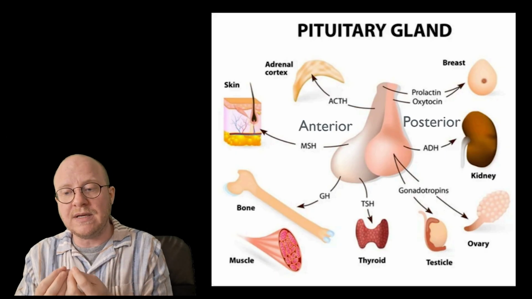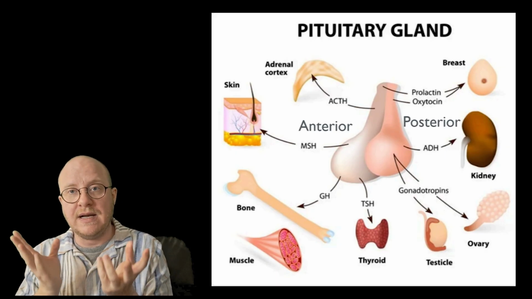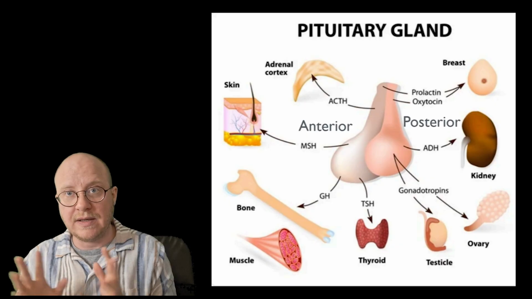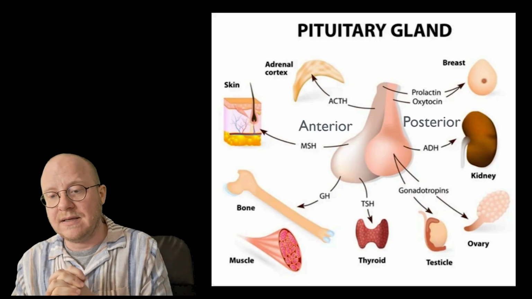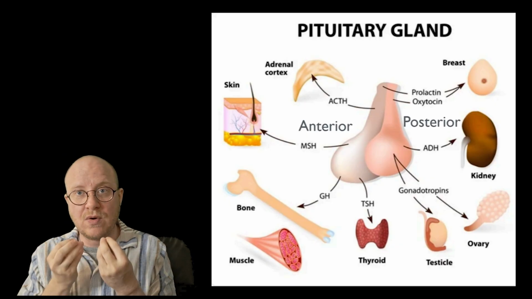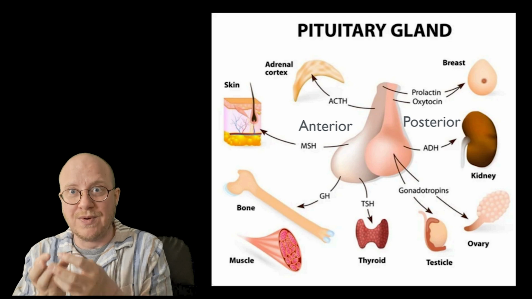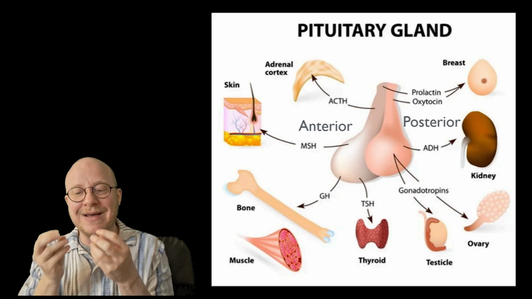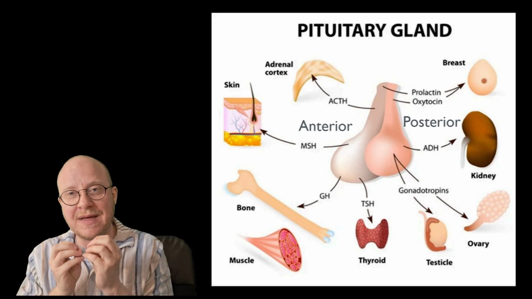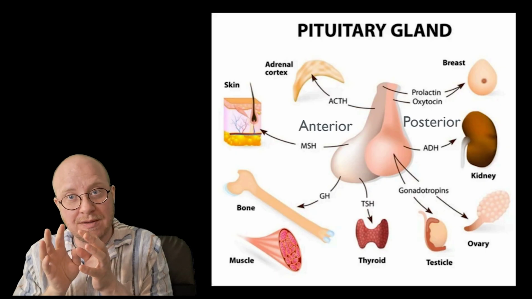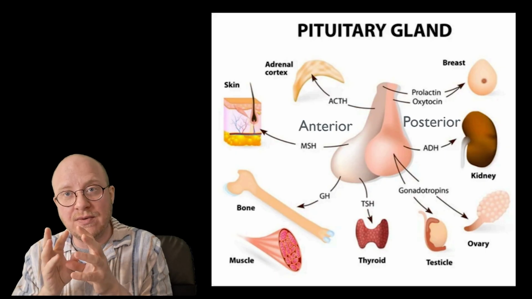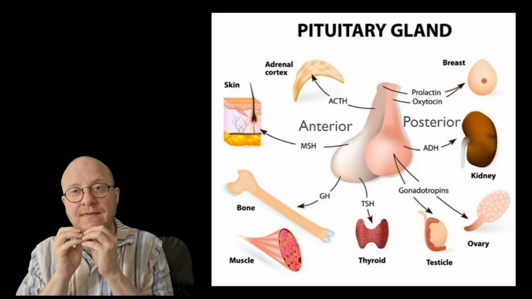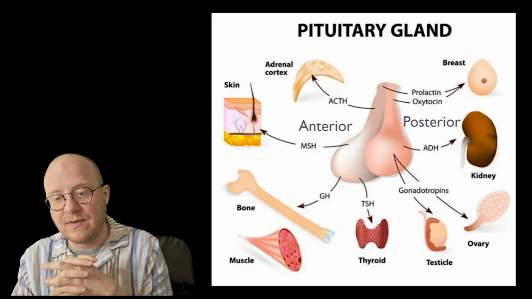So the pituitary glands are creating hormones that go throughout the body, and the hypothalamus is creating hormones that control those hormones. Okay, so the hypothalamus has hormones that act on the pituitary glands, and the pituitary glands have hormones that go out everywhere else.